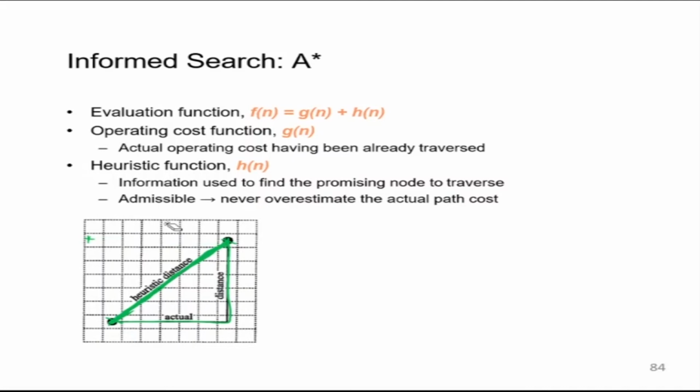So in the informed search A star, we evaluate the operational cost, which is the path length, and a heuristic function, which is h(n). The information is used to find the promising node to traverse, and because h(n) is there, it is saying which node has the least distance to the goal, and it should go in that direction.